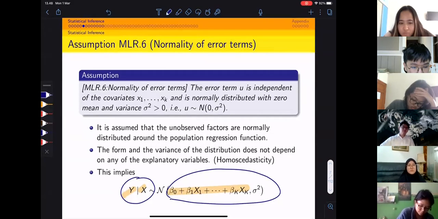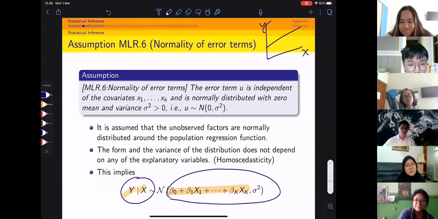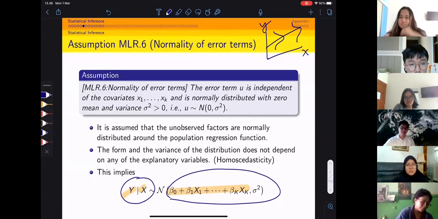This is just an illustration, which I think we'll see in the next slide. Suppose this is x, this is y, and this is the regression line. Then the factors that we do not observe are going to be normally distributed around the regression line. That's the implication of this assumption.